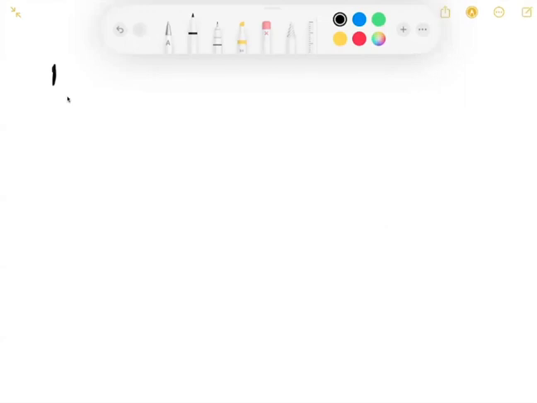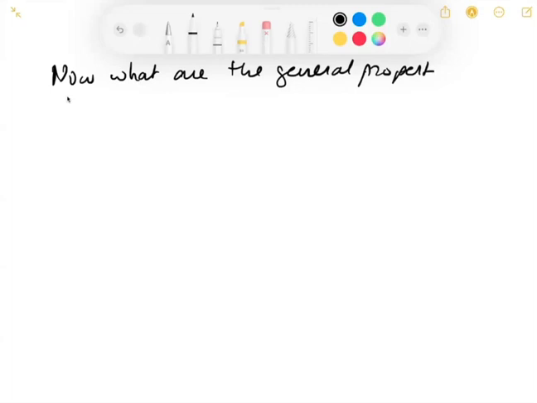Now, what are the general properties of solutions to a wave equation?